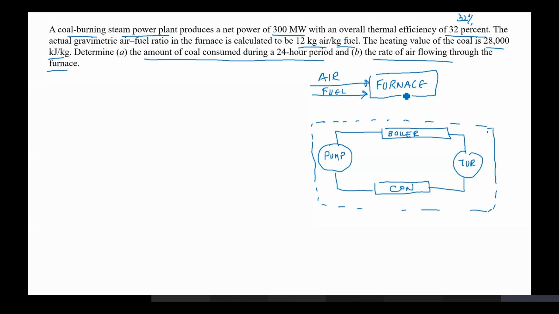As a result of this burning, you get Q dot H into the system, and Q dot L is released to the surroundings. The net power W dot net out of this engine is 300 megawatts and the efficiency is 32%.